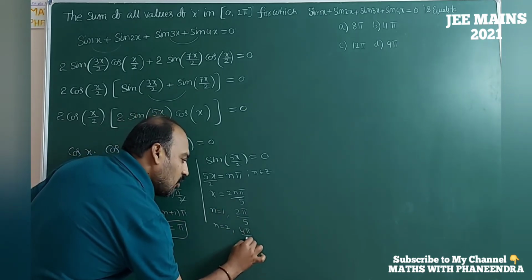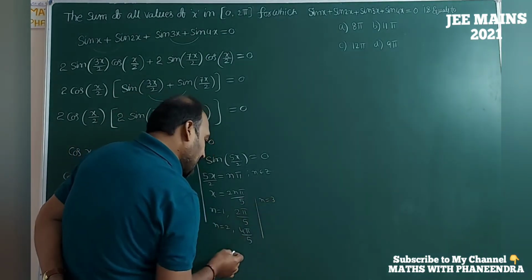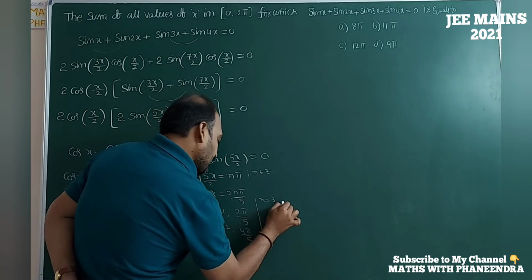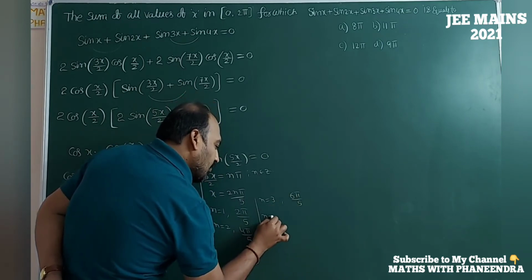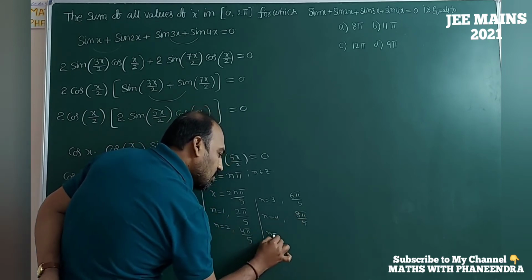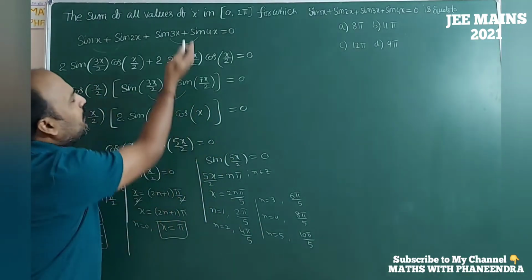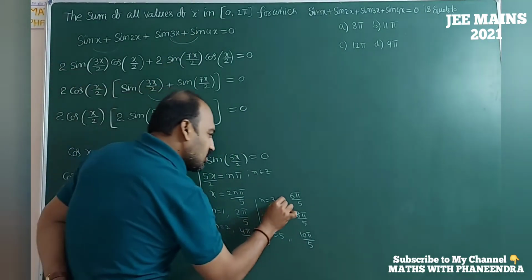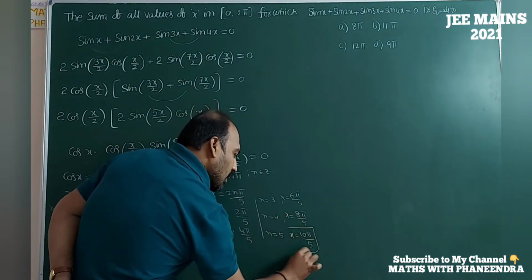N is equal to 3: 6 pi by 5. N is equal to 4: 8 pi by 5. N is equal to 5: 10 pi by 5. 10 pi by 5 means what? 2 pi. So these are the values of x, these are the possibilities. You remember, dear students?